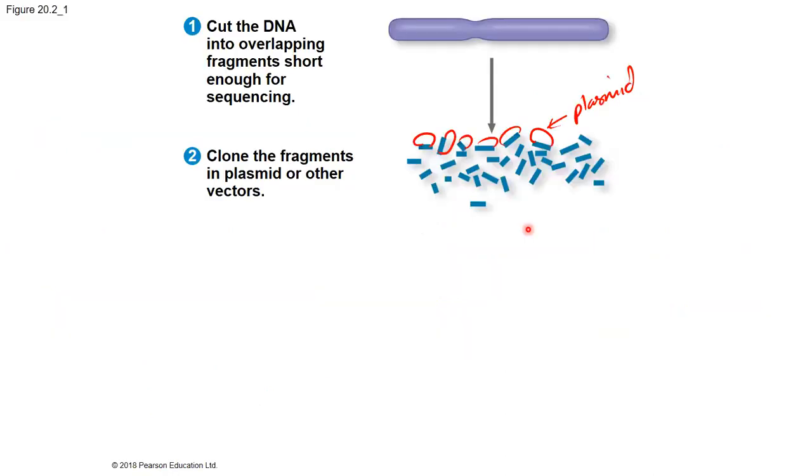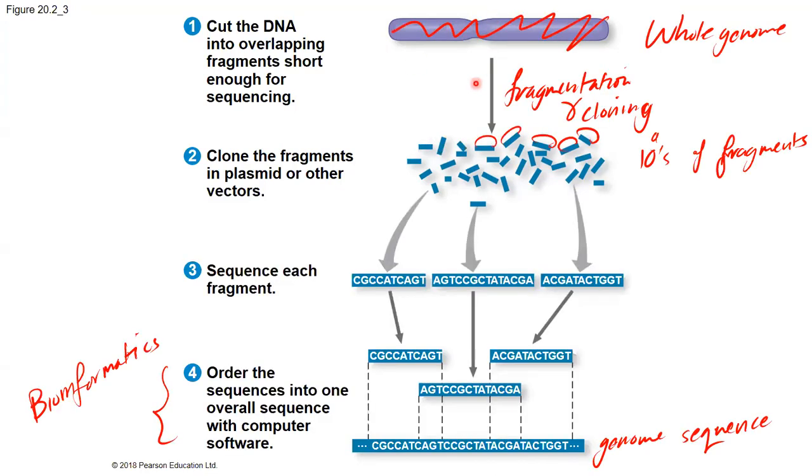And it's called shotgun. It's just like you are shooting the chromosome or the genome with a shotgun, and this shotgun will basically fragment this genome into smaller fragments. That's why it's called shotgun. Of course, this does not actually happen. It's just a metaphor, so that the chromosome or the whole genome will be fragmented into smaller fragments. Okay.